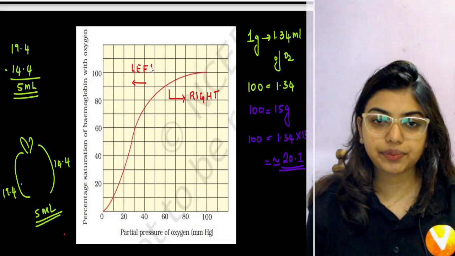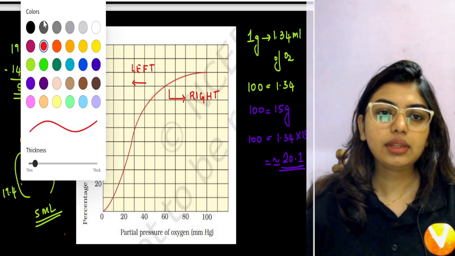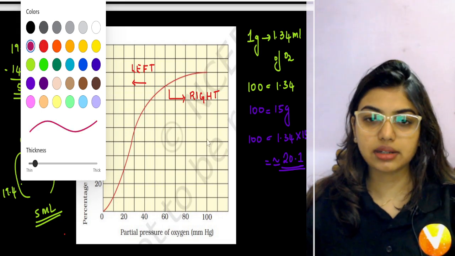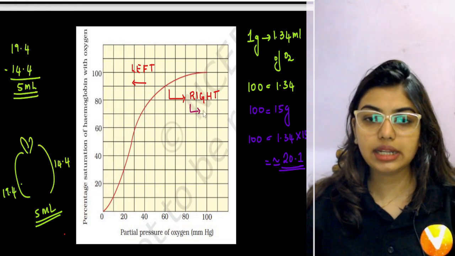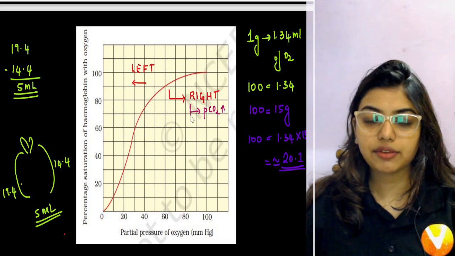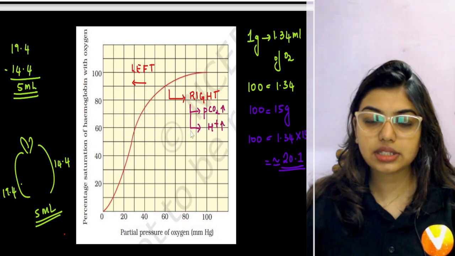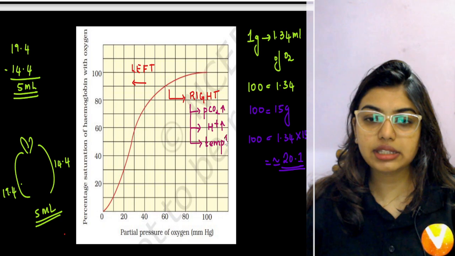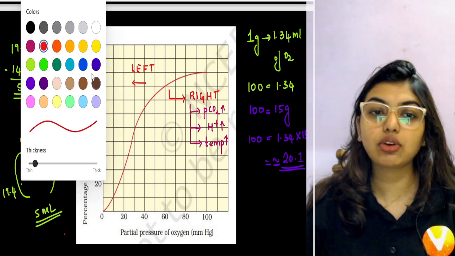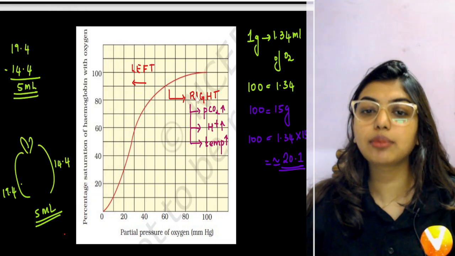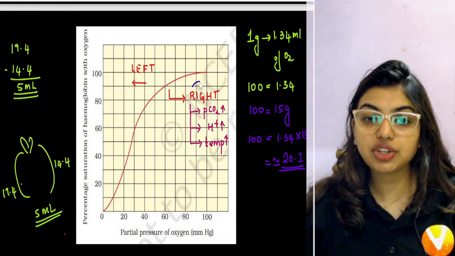Right and left matter, because the shift to the right happens when your carbon dioxide is extremely high. If carbon dioxide is high, your H plus is going to be high, and temperature is going to be high. When these three are high, oxygen has a chance to be repelled. Oxygen will be like, I don't want to stay here, I'm going to leave. So the curve will shift towards the right.